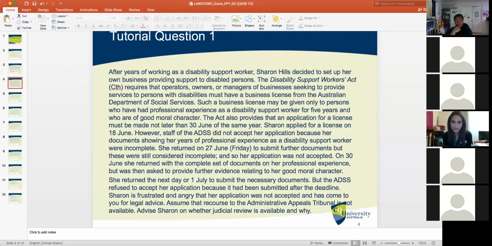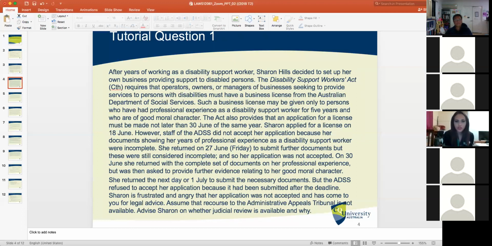Such a business license may be given only to persons who have had professional experience as a disability support worker for 5 years and who are of good moral character. The Act also provides that an application for a license must be made not later than June 30 of the same year. Sharon applied for a license on the 18th of June. However, staff of the ADSS did not accept her application because her documents showing her years of professional experience as a disability support worker were incomplete.